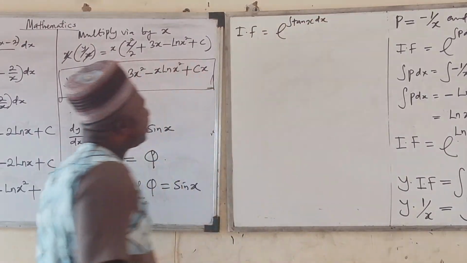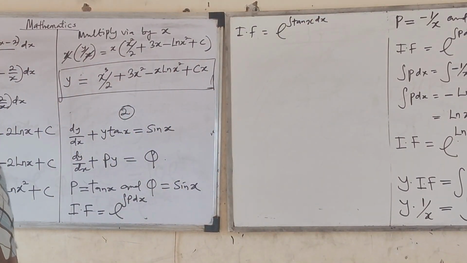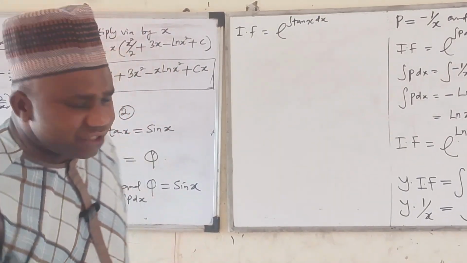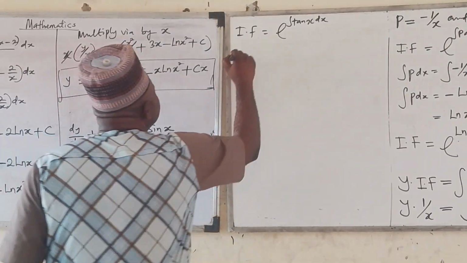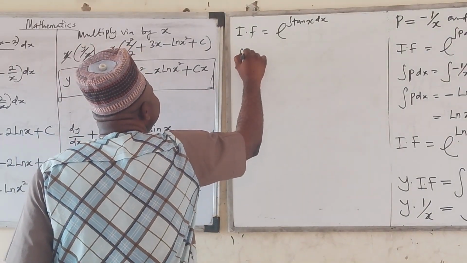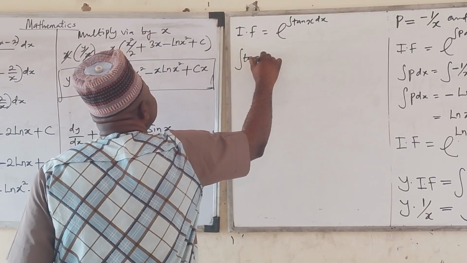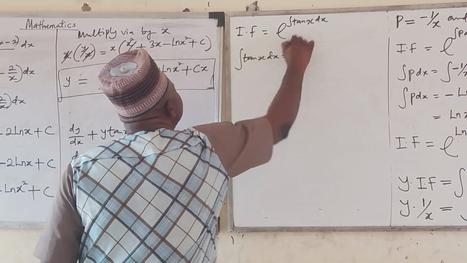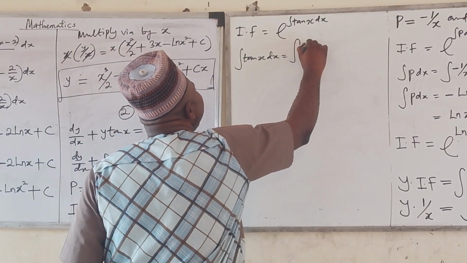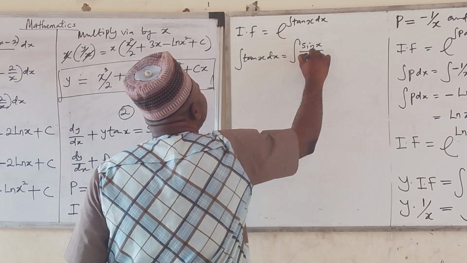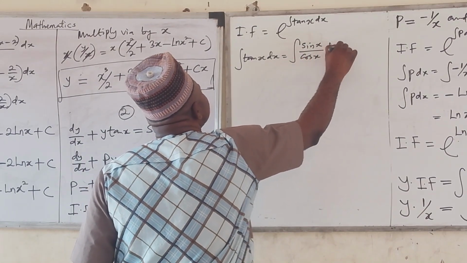Now let's integrate tan x. Integral tan x dx is the same as saying integral sine x all over cos x dx.